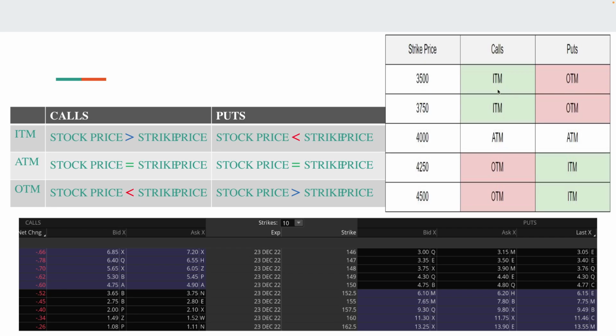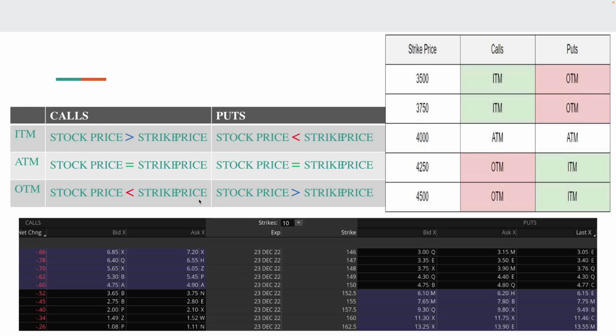The calls are out of the money when the current stock price is less than the strike prices. So the calls with the 4,250 and 4,500 strike prices are out of the money because the stock price is below the strike prices.